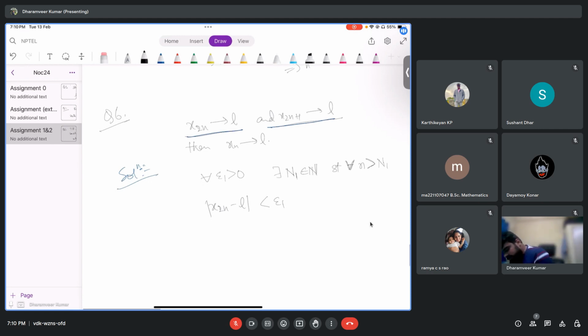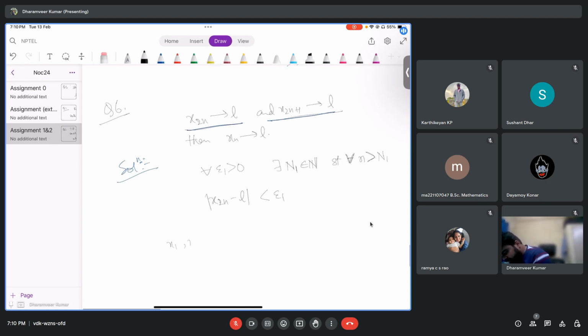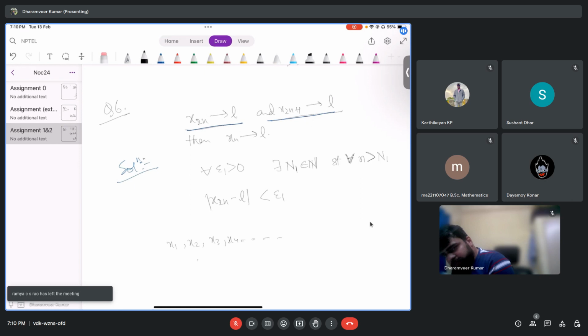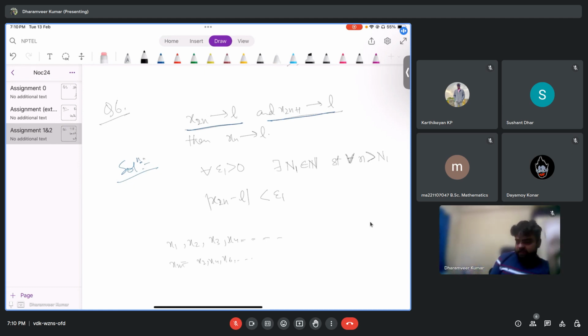So for example, if I write x1, x2, x3, and so on, x4. So this sequence is nothing but x2, x4, x6 and so on. This is x2n, right? And this sequence is converging.